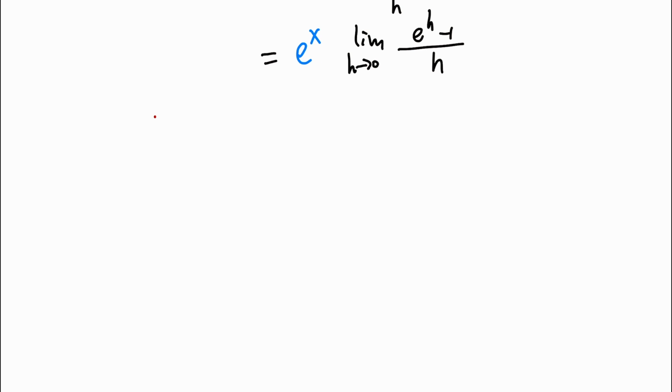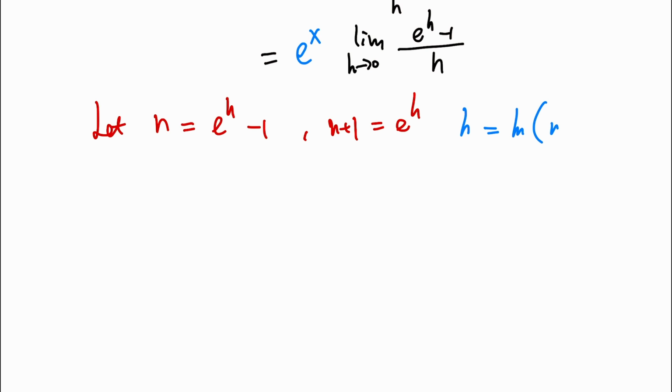Now we're a bit stuck, but we can use a smart substitution over here. So we can substitute n, let n be e to the h minus 1. Then we can have n plus 1 is equal to e to the h. How do we get h? Because we will need that h to substitute as well, we can take the logarithm of that. That will be h is equal to ln of (n + 1).